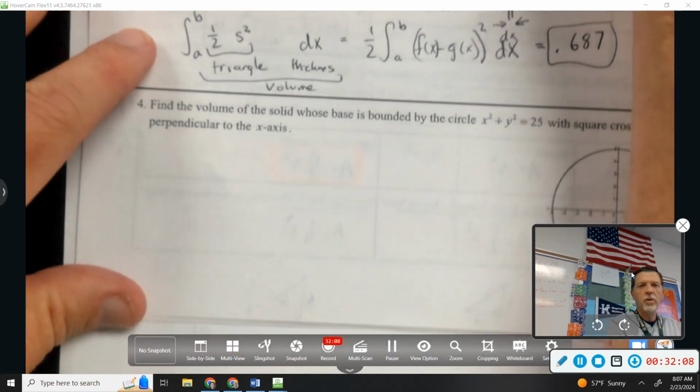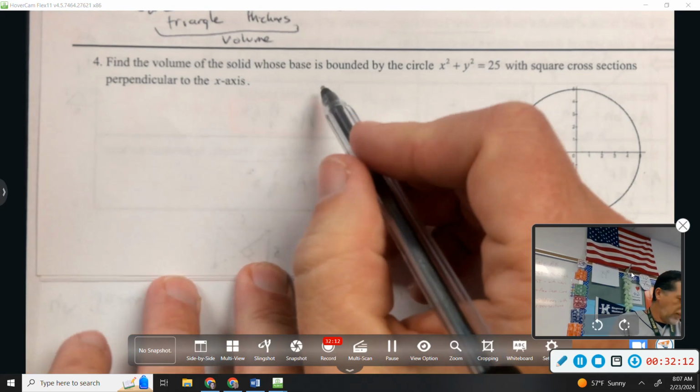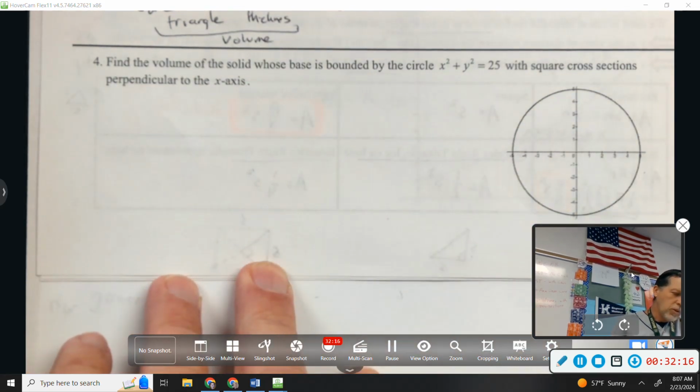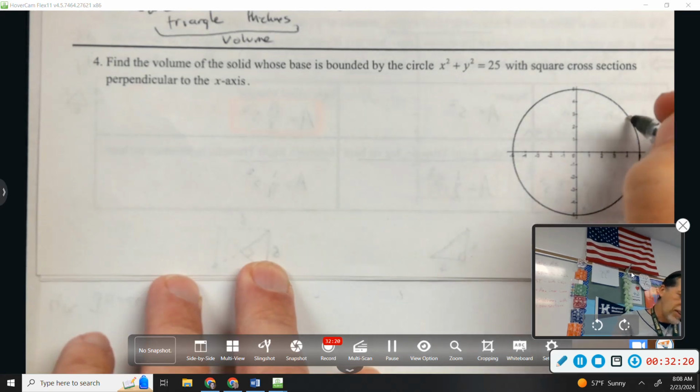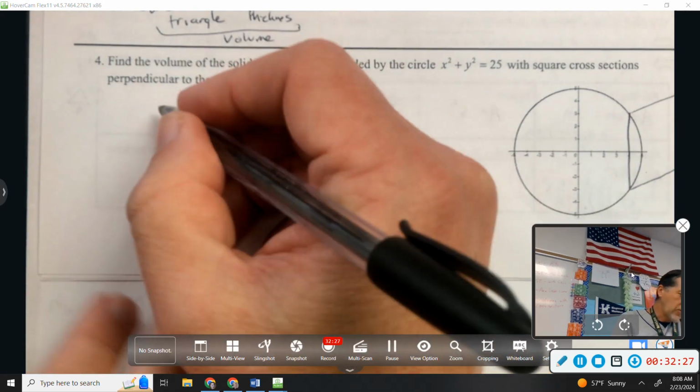Alright, let's do one more. Number 4. Find the volume of the solid whose base is bounded by that circle with square cross-sections perpendicular to the x-axis. Square cross-sections, that's probably our favorite, because what's the area of a square?